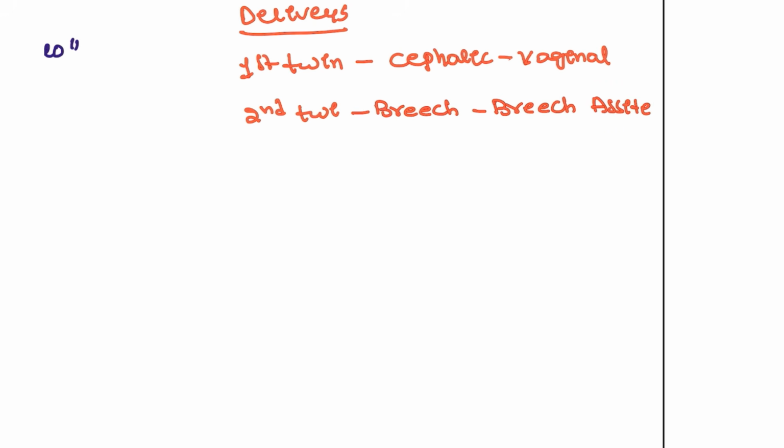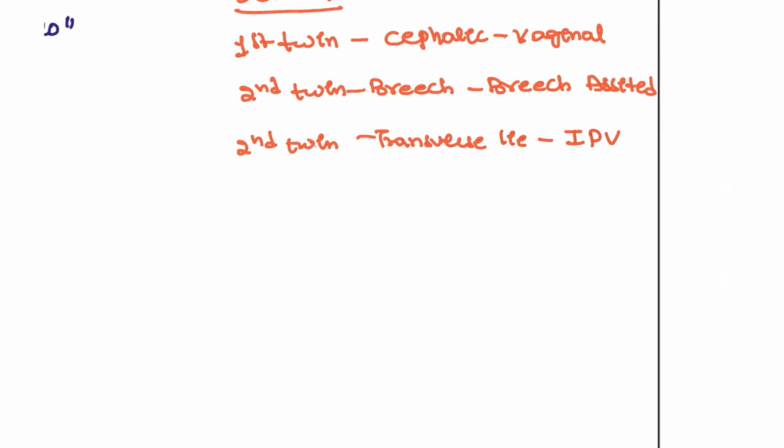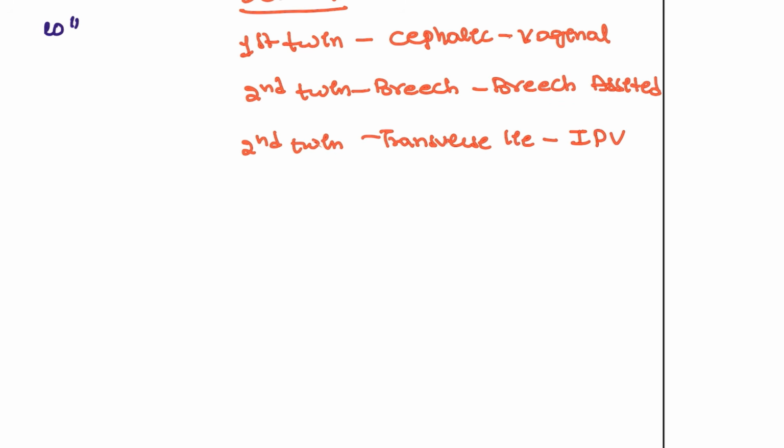Breech assisted. Again, if the second twin is in the transverse lie, you can go for internal podalic version. Sometimes internal podalic version is not done, as it is contraindicated in patients with a history of LSCS.